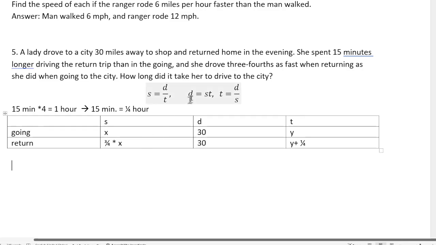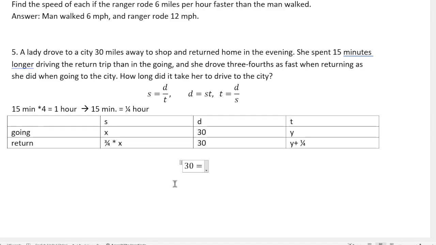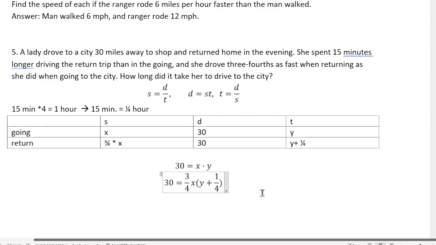Now let's apply this d equals s times t to each of the scenarios and see what we get. Okay, so we have 30 equals x times y, and then 30 equals 3/4 of x times y plus 1/4. That's what we see.